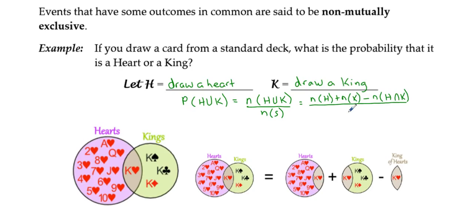And that's all over the number in the sample space. So there are 13 hearts, there are 4 kings, there is 1 card that is overlapped, and that is out of 52, and that works out to 16 over 52, or 4 out of 13.